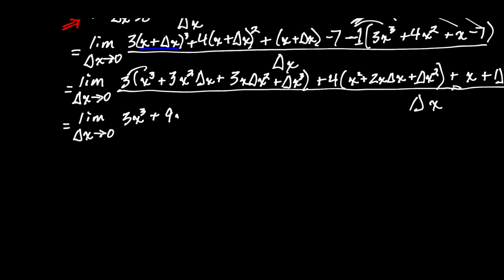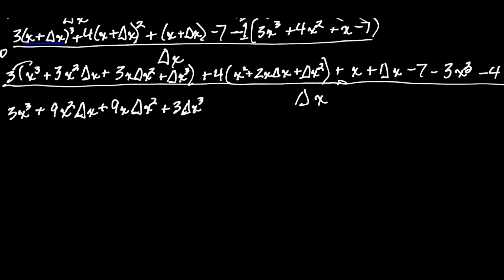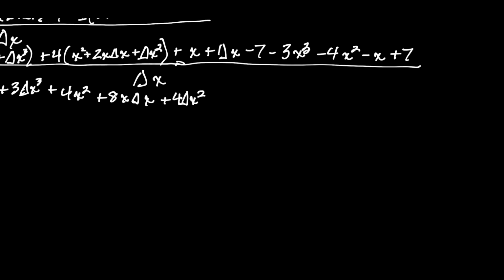That would be a 9x squared delta x plus 9x delta x squared plus 3 delta x cubed plus, I'm running into some business up here, so I'm going to curve it downhill a little bit, 4x squared plus 8x delta x plus 4 delta x squared plus x plus delta x minus 7.